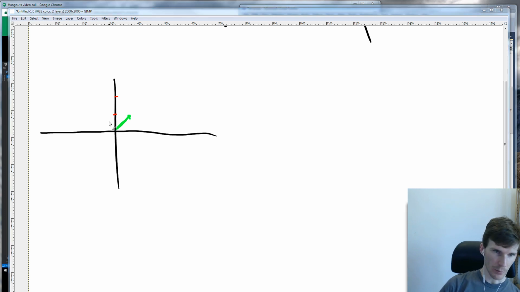So if we rotate 45 degrees and then scale it, we rotate there, and then we scale it up by 2, we end up here. So we've rotated and then we've scaled. So that was the intermediary. And we'll do the other one in pink and red.